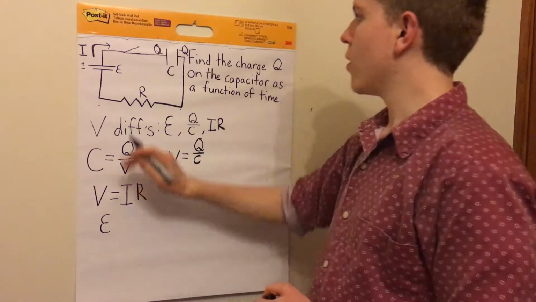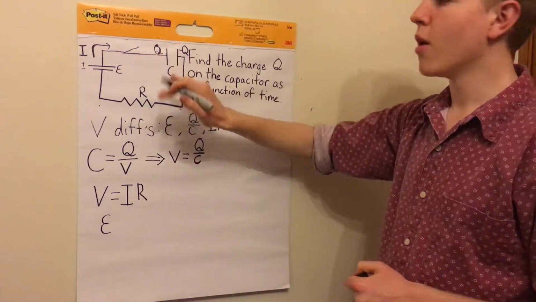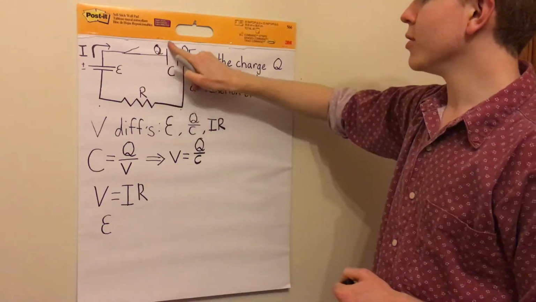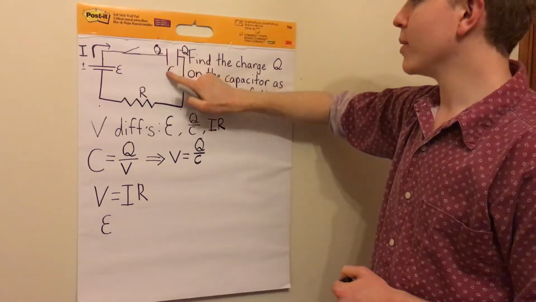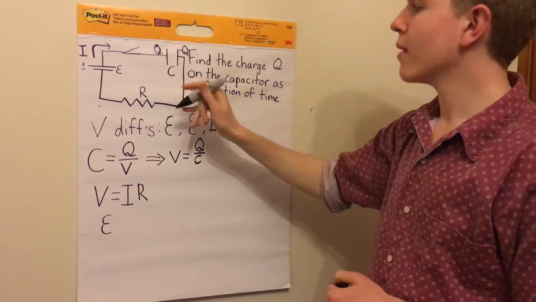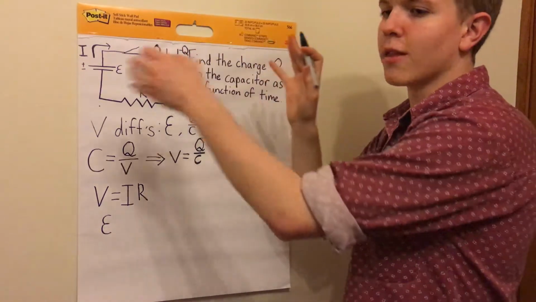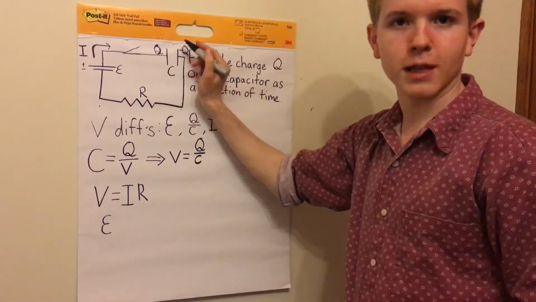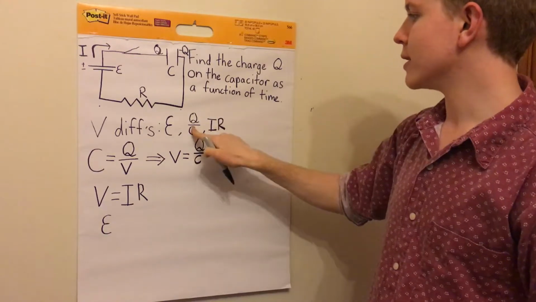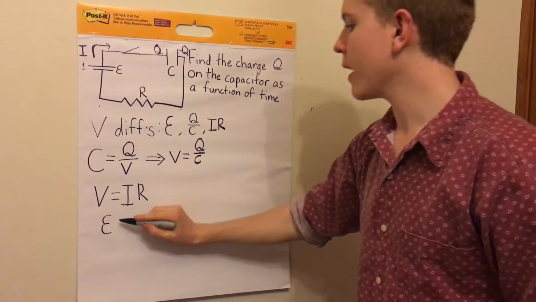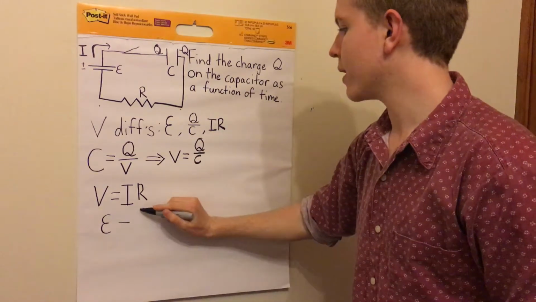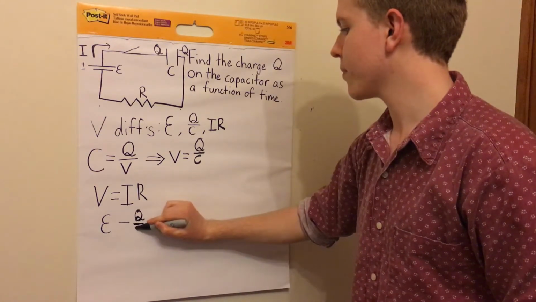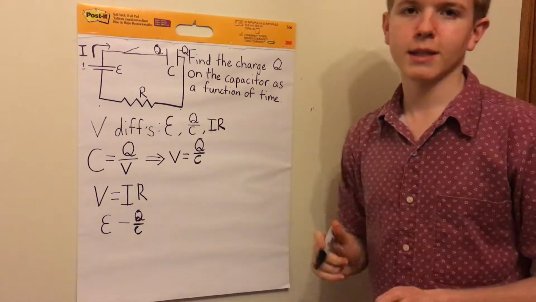E. What about the capacitor? Well, current's flowing along here, and it's building up on this plate. And as it's building up, it's getting full. And the more it gets full, the harder it's going to be for more charge to flow into there. So it's actually opposing the current, which means that voltage difference is going to be negative. So let's write that in as negative: minus Q on C. And what about the resistor?